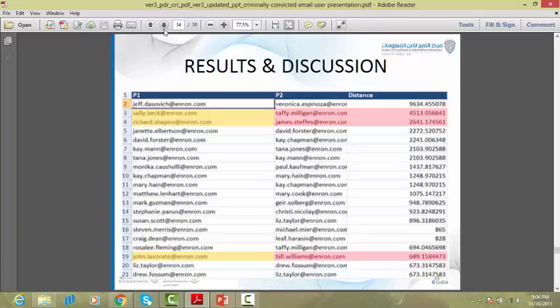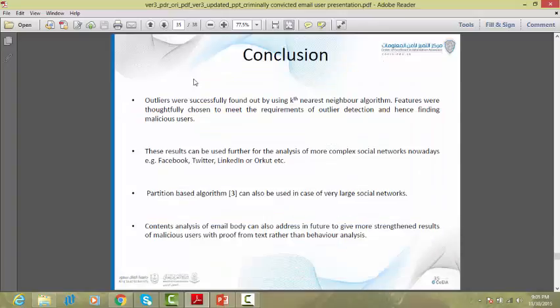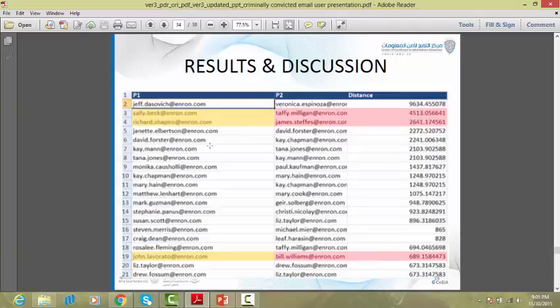Second one, Silly to Taffy, we have distance 4513056641, and so on. So it is in decreasing order. Okay, so this is what we have found, the outliers, and in this outlier system we have found these 3 criminals.